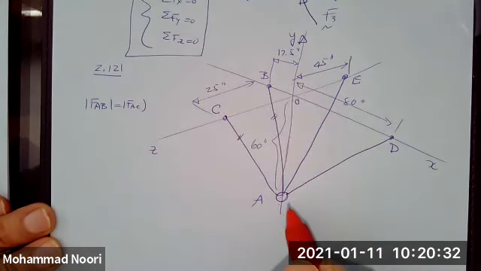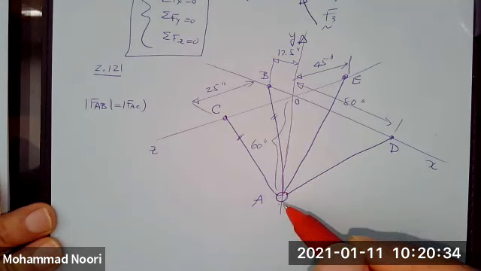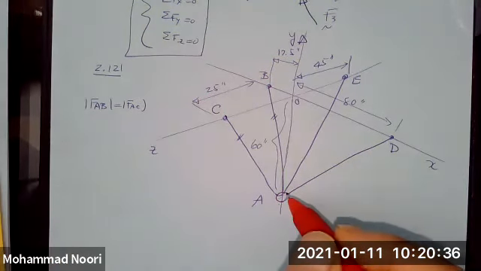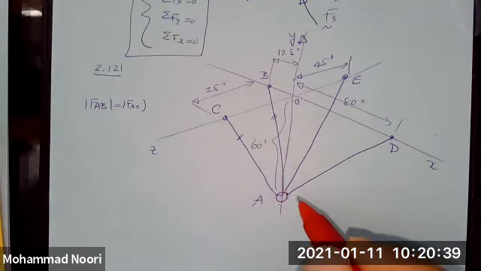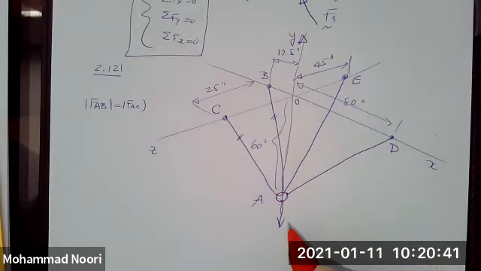So we know that a known force of 200 pound is acting at point A.